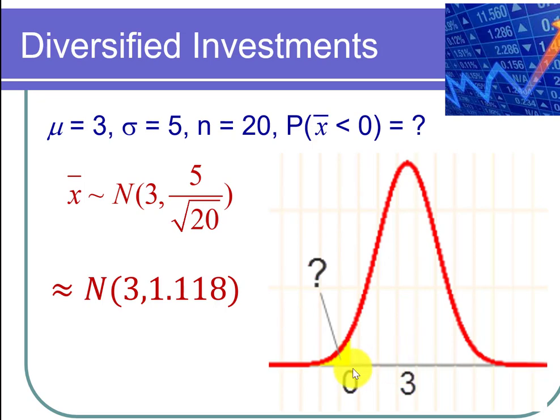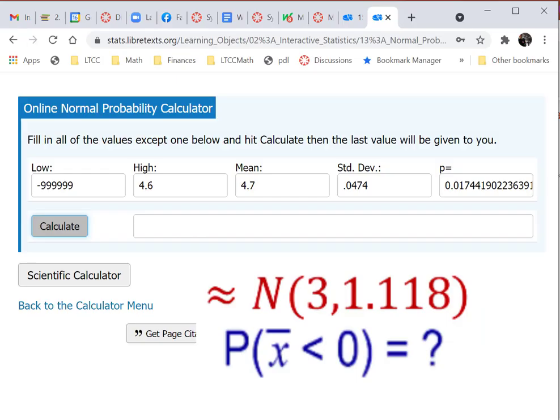So again, I can look at a picture and say that here we have the mean is 3. We want to find out the probability that we end up with less than 0. So we shade in to the left of 0. And what is that probability? So guess what? We go to our calculator again. Here's the calculator, and again, I'm in the normal probability calculator. My low is going to be negative 99999.